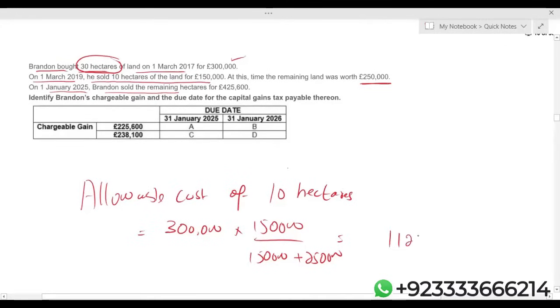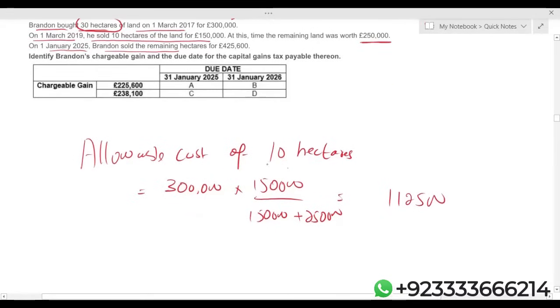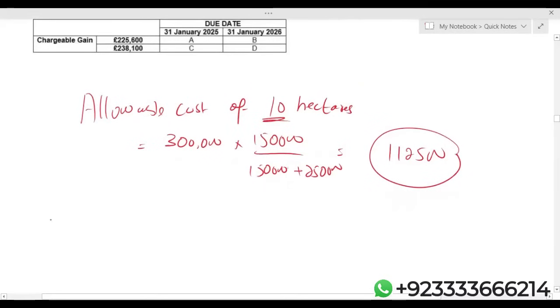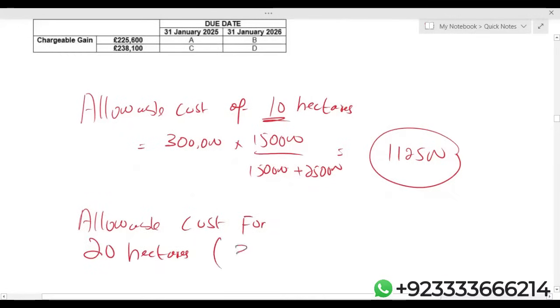So basically when 10 hectares were sold, the allowable cost relating to the 10 hectares was this. Now allowable cost for 20 hectares. Simply we'll take 300,000 minus 112,500.